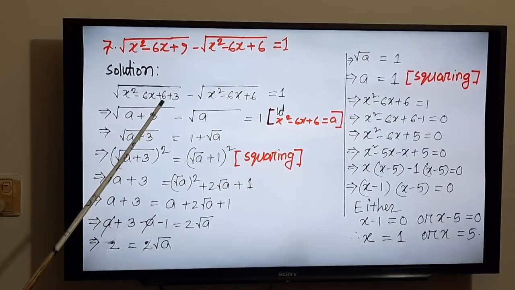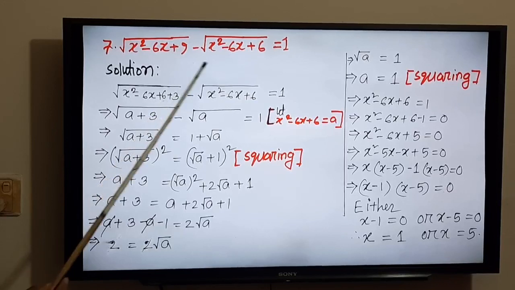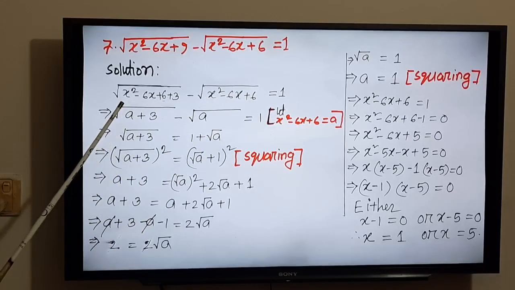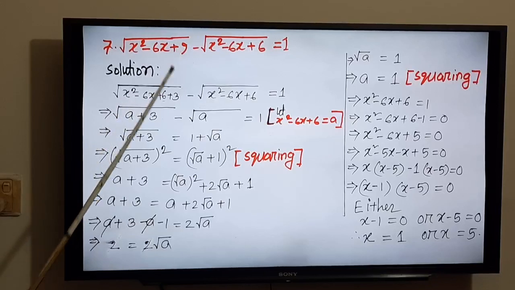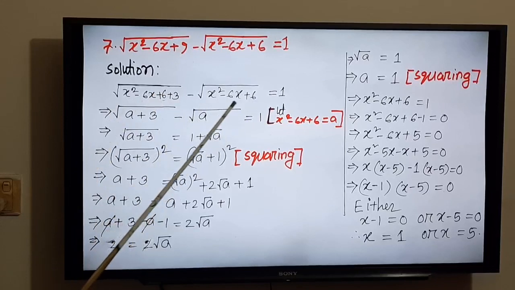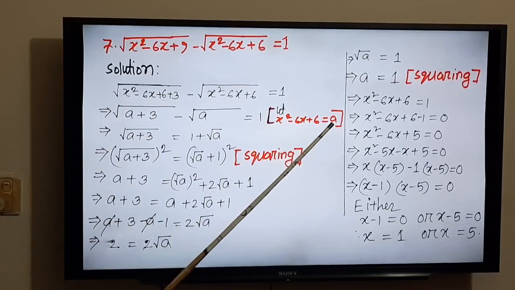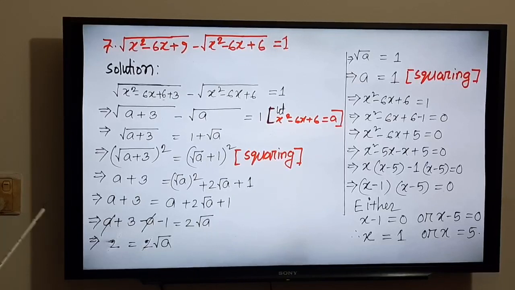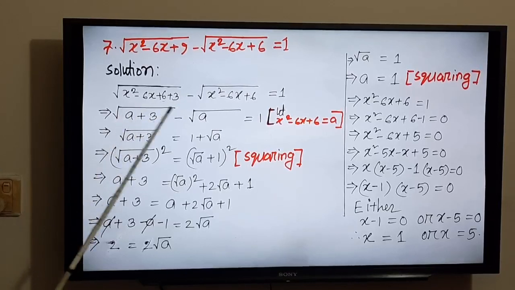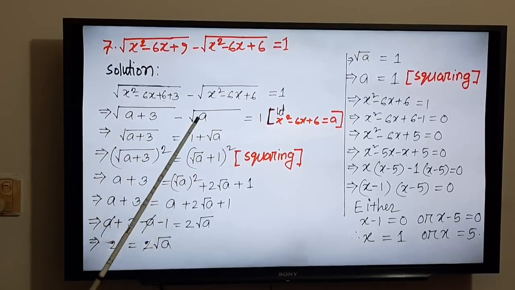If we write this as plus 6, then this term and this term will be equal. We can write 9 as 6 plus 3, then the two terms will be equal. We can replace this term by a, because the equation will be easier than before. So this term is a, so a plus 3, and this term is a.